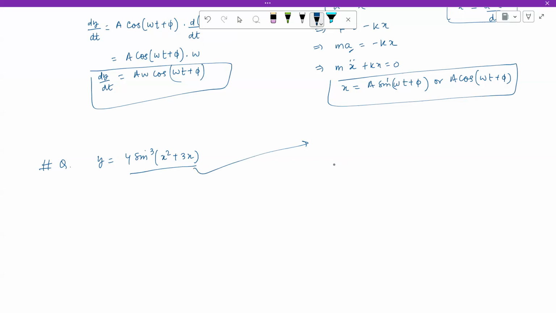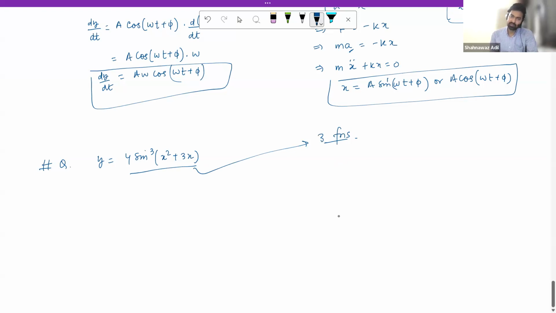Two. Okay, so what are those two? X square and 3x. So I'm asking about types of function, right? Sine is a trigonometric function. X square plus 3x is an algebraic expression. So you have three functions, right?